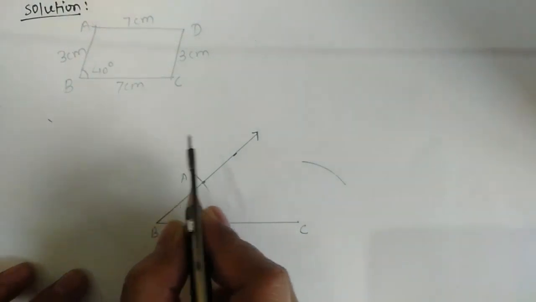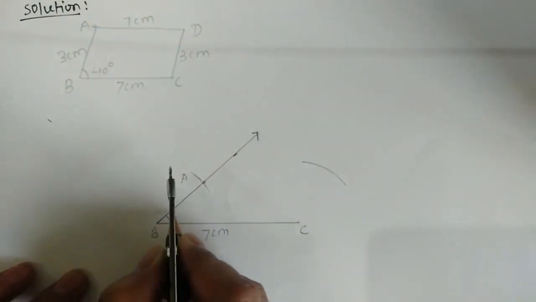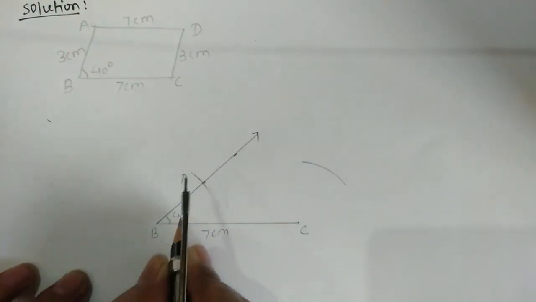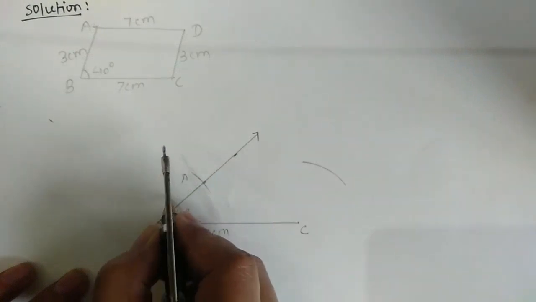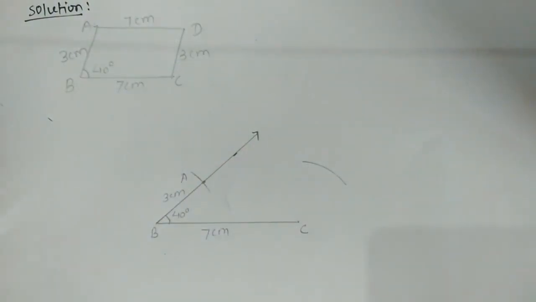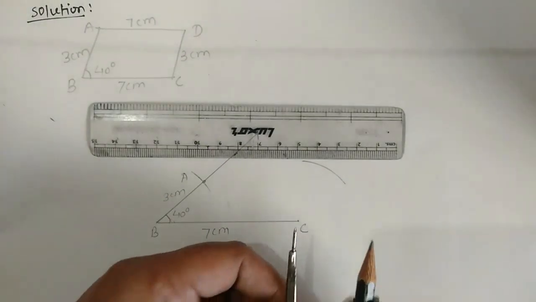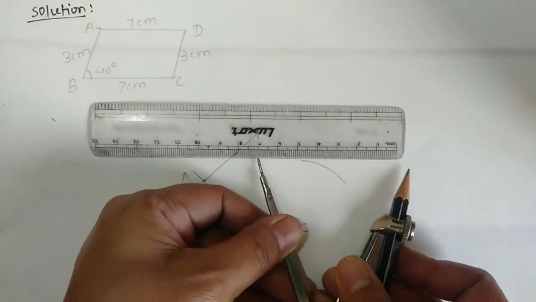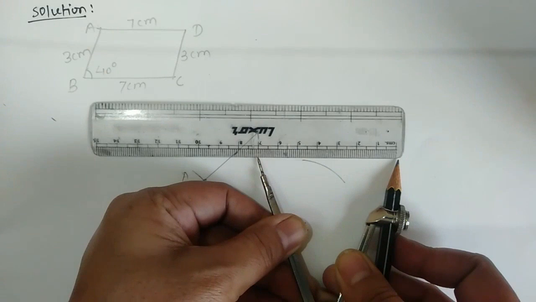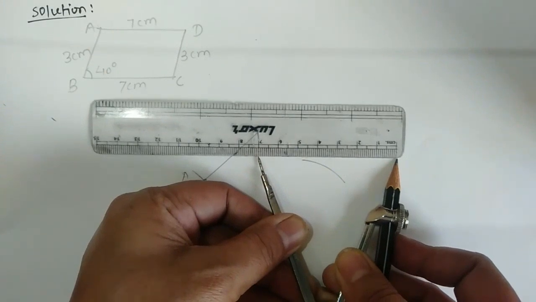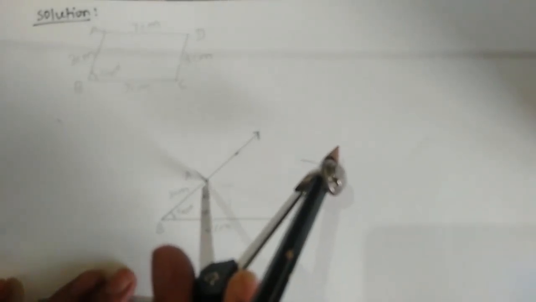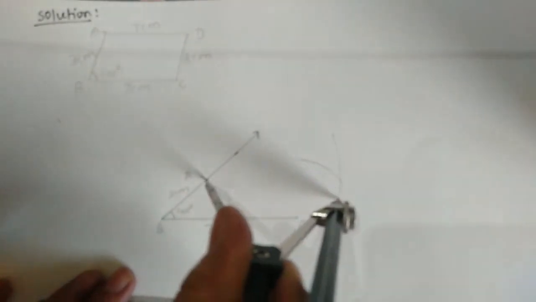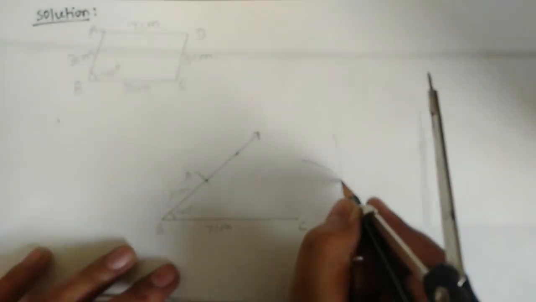And give the labels and measurements here. This is the 40 degree angle, angle B is 40 degrees, and measurement of side AB is 3 centimeters. Now with the help of the compass, measure the distance of 7 centimeters and draw the arc from the point A. Here we got the intersection point.